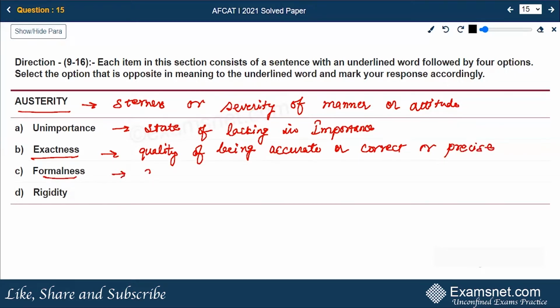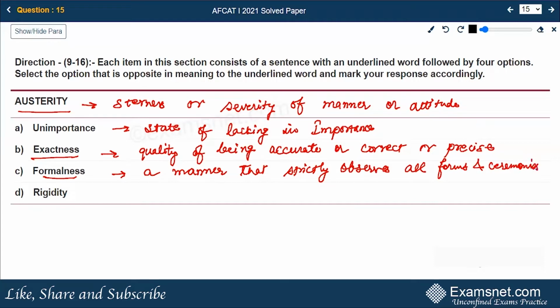Formalness, it's a manner that strictly observes all forms and ceremonies. Last is rigidity. It is when a thing is very hard, unable to bend, unable to be bent or be forced out of shape. That is the things which are very hard.